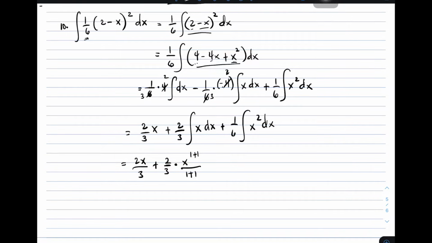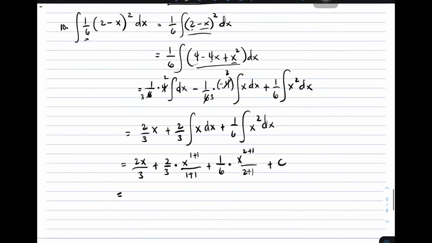Second term, plus 1 over 6 times integral of x squared dx. We have x squared plus 1 over 2 plus 1 plus c. Yan, pwede natin sulat yung c.